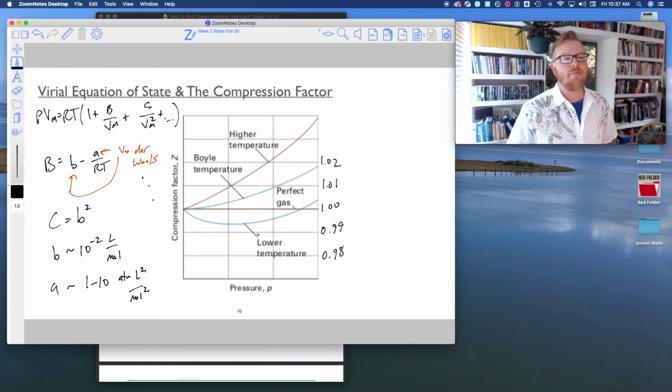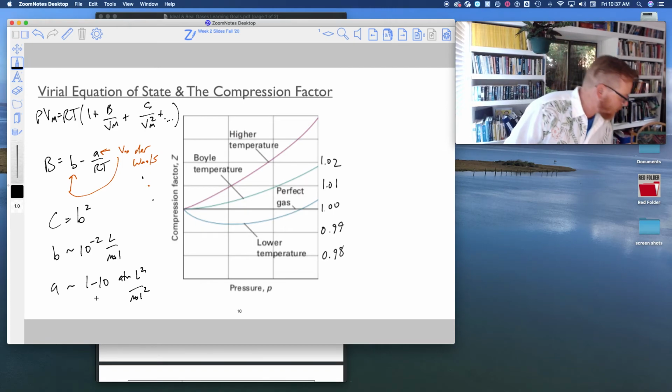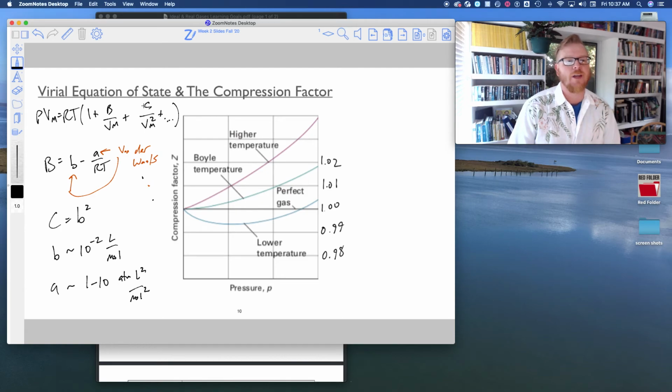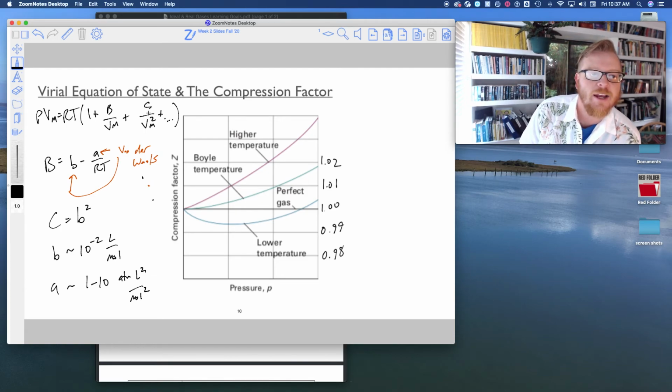And so what that means is this A term really can dominate. For example, we notice here that this C in this equation is B squared. And if B is 10 to the minus 2, and then I square it, that makes that term pretty small. So that's why this C term doesn't really start taking effect until you get to fairly large pressures, right?